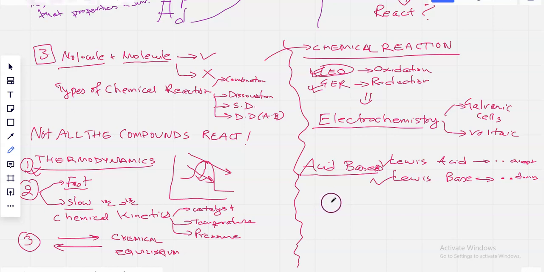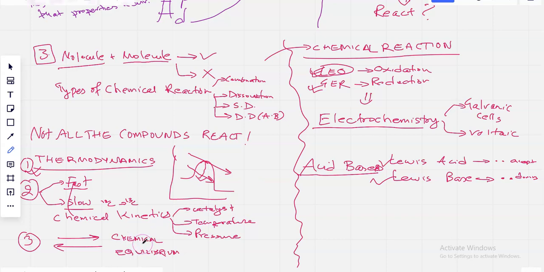So we started from matter, we went to the atom, we talked about the structure of the atom, different theories, we went to the periodic table, then we went to the molecule, we talked about the different bondings, and then we talked about the reaction between molecules, we talked about types of chemical reactions, then we talked about the different factors that determine whether or not a chemical reaction will happen, the energy concept in thermodynamics, we talked about the speed of chemical reaction, chemical kinetics, and how we can tune that speed.